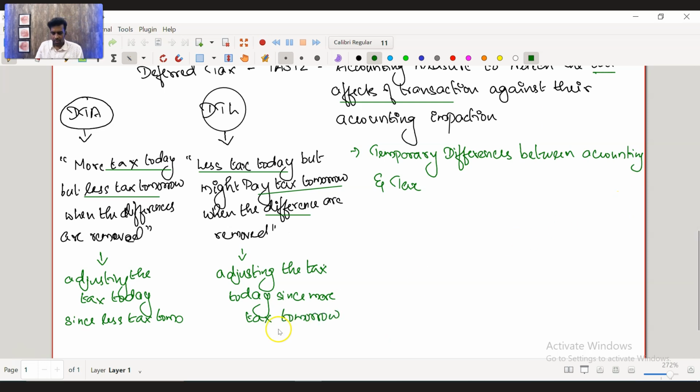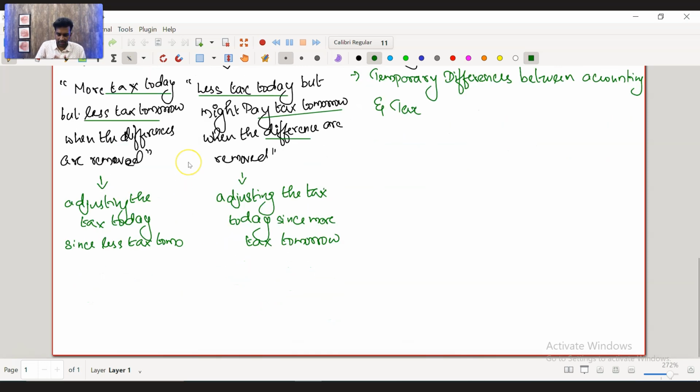As I told you, deferred tax is created only for temporary differences. Only for temporary differences do we create a deferred tax impact.